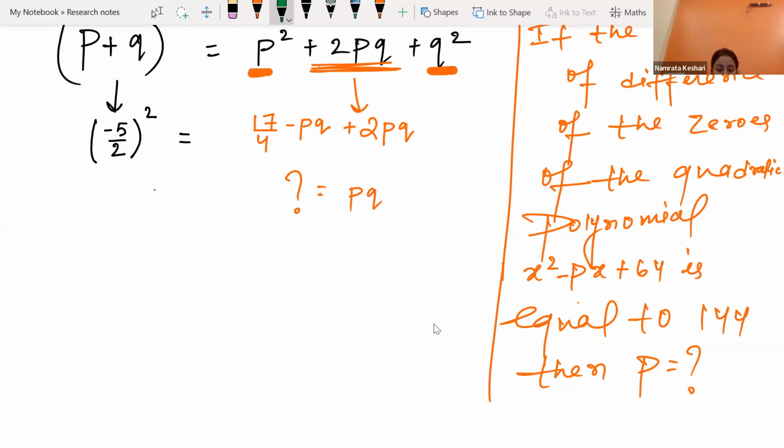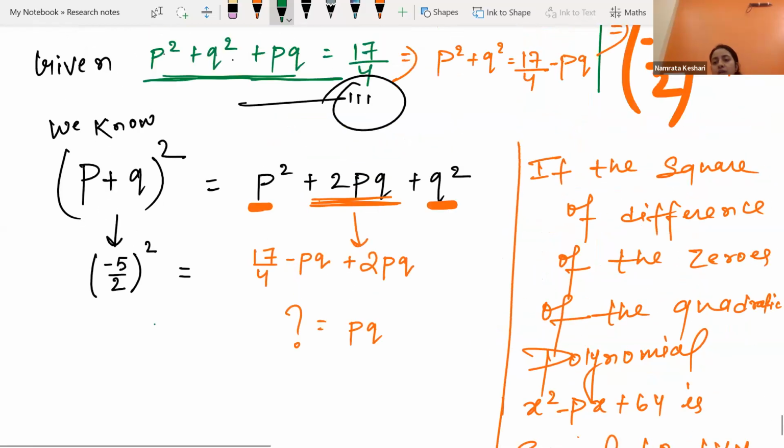Yes, what are you getting? Ma'am, can you solve this one? If the square of difference of zeros, we need to read it really carefully.